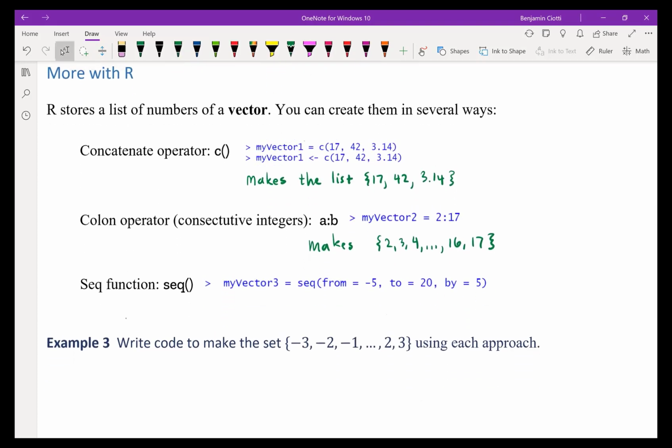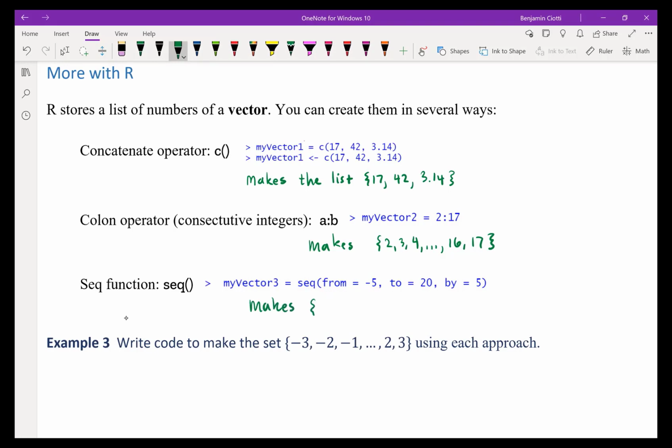You can also do a similar operation using the sequence command. The sequence command additionally allows you to specify how much you increase each element by to get to the next one. So if I wanted to create another vector using the sequence command, let's say I want the sequence which goes from -5 up to 20 by intervals of 5.